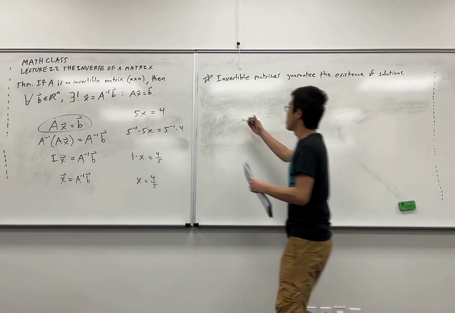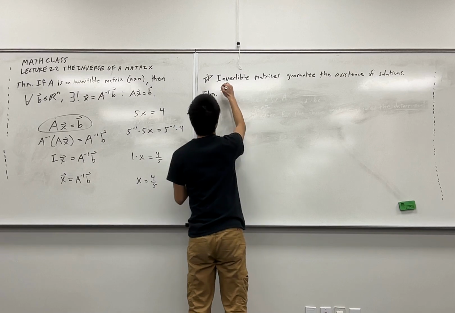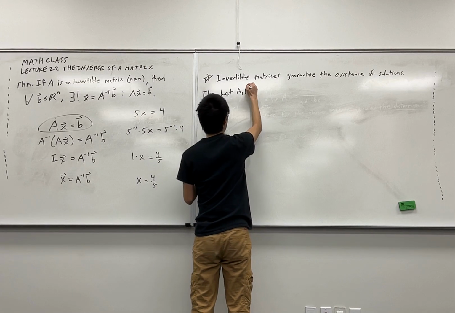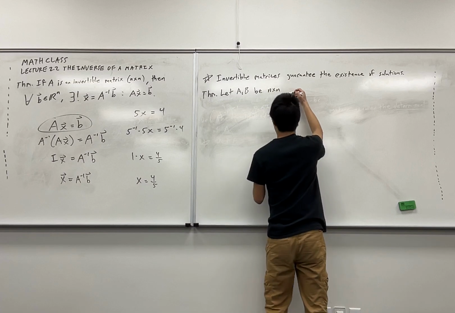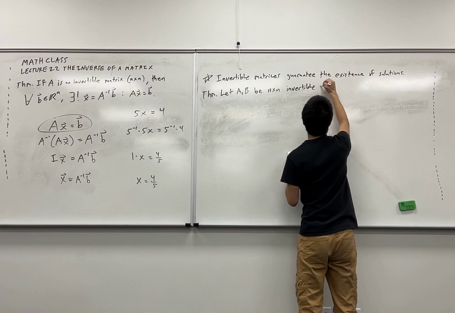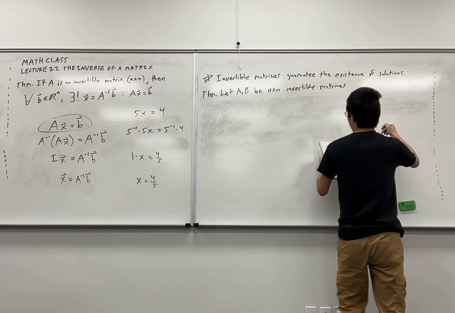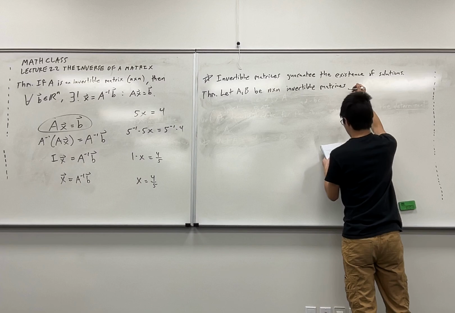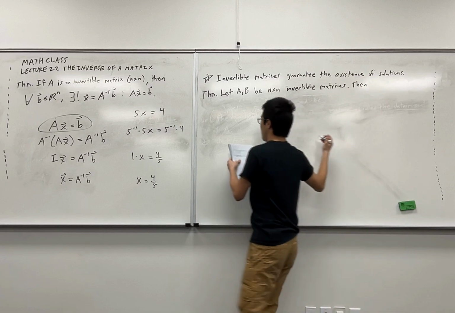So a few things. These are just rules for the algebra. Let A and B be n by n invertible matrices. To claim that these are invertible is to claim the existence of matrices A inverse and B inverse. Then we'll have three little things.